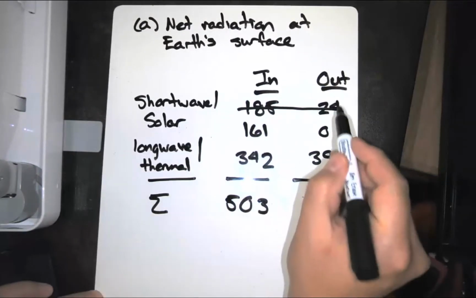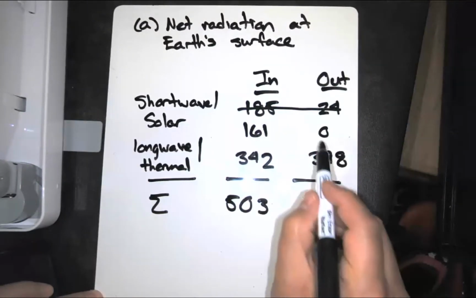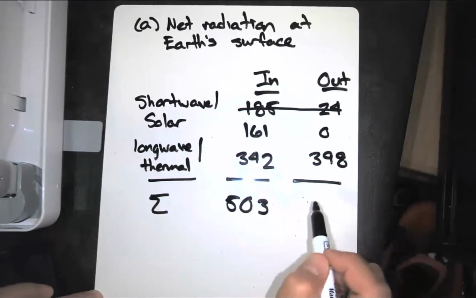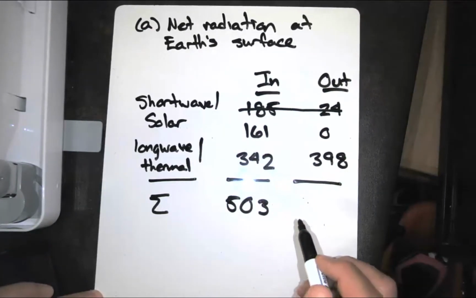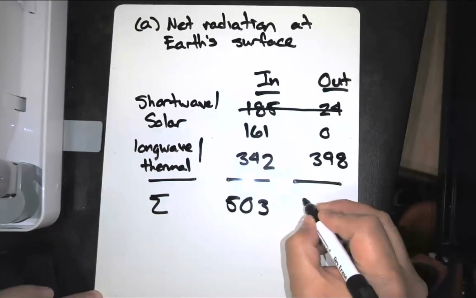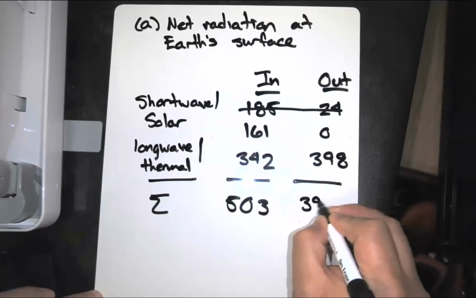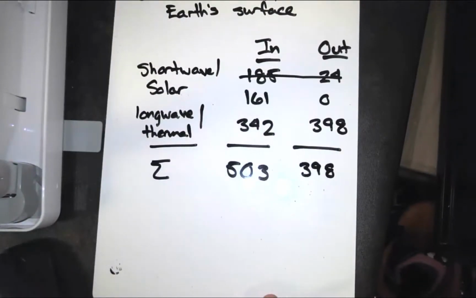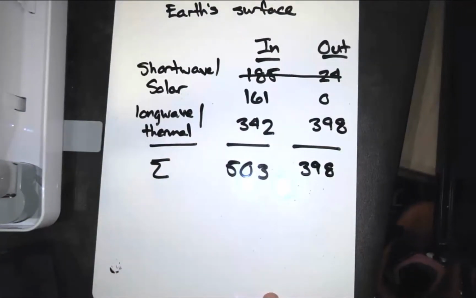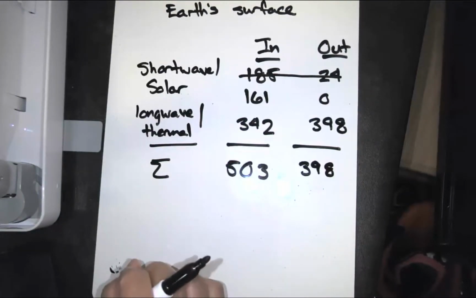Okay, so for the outflux, this is pretty simple because this is a 0 for the solar and this is 398 for the thermal. So that's 398.